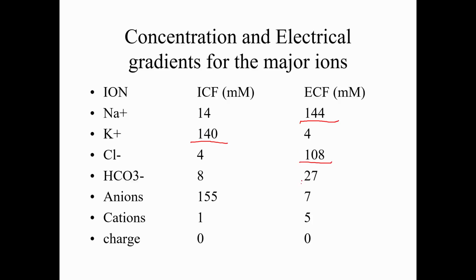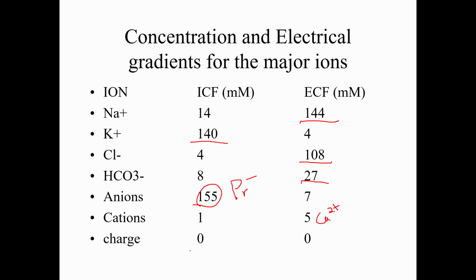Most of your bicarb is outside the cell. Your anions inside the cell, as I said before, tend to be proteins that are negatively charged. Notice our cations, and this is calcium, for the most part, is much more outside. We also have to take into account that not all this is free calcium. Some of the calcium is bound to proteins.